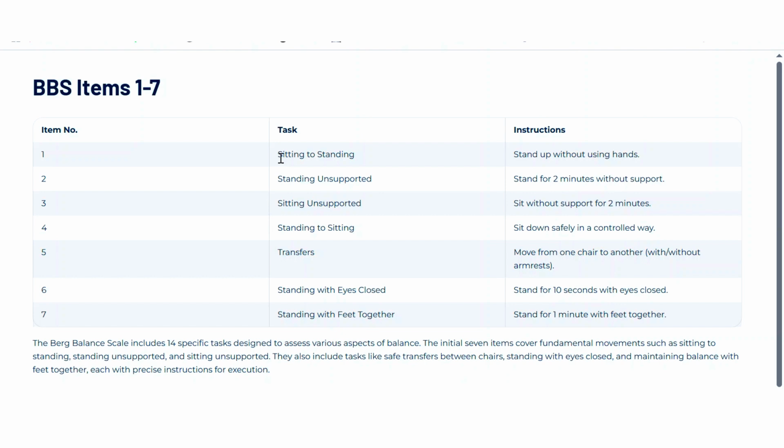So the task is completed. 0 means unable to perform, 4 means completely performed. In between, I am going to tell you later on, so don't get disrupted or anxious about what is between 0 and 4.